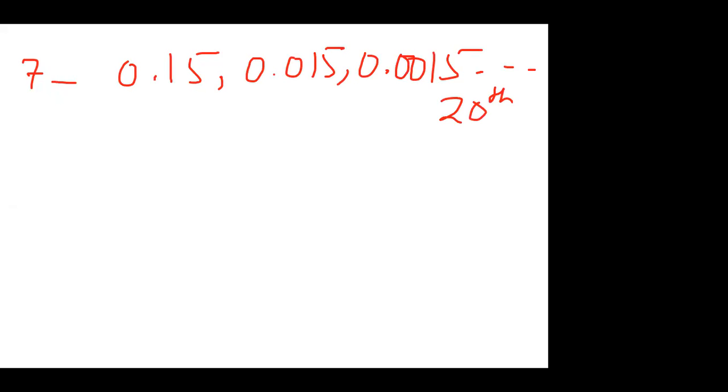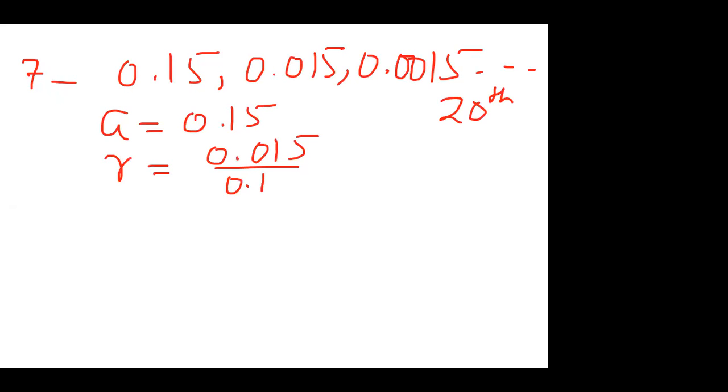For calculating the 20th term, we have the first term as 0.15 and the common ratio r is 0.015 upon 0.15. So the common ratio will be 1 upon 10.